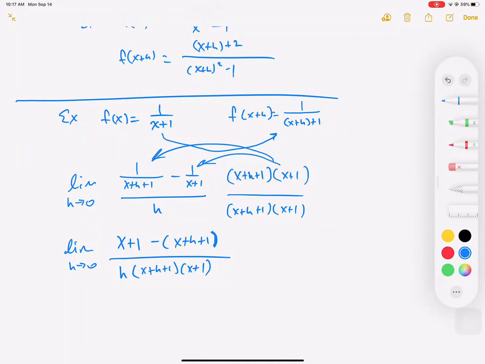On top, if I rewrite this as negative x, negative h, negative 1, do you see some terms that are going to cancel out and subtract out? I'm trying to save some time, not having to write out the whole thing. Let's write out the simplified version. The limit as h goes to 0 is going to be negative h, which is all that's left over on top, and h on the bottom, and these ugly parentheses, which I asked you guys not to multiply out.